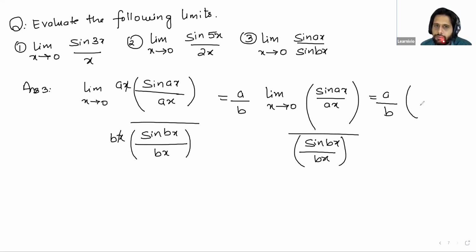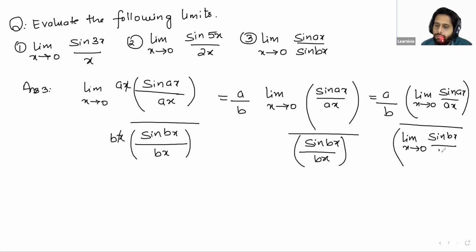So we will get limit x tends to 0 sine ax by ax, and limit x tends to 0 sine bx by bx. So this will give you a by b, and this will give you 1, and this will give you 1. So final answer is a by b.